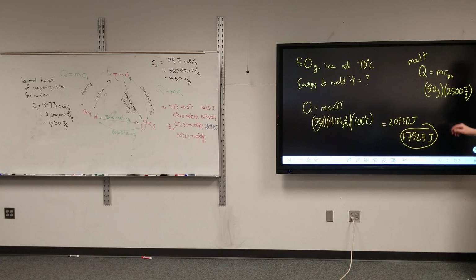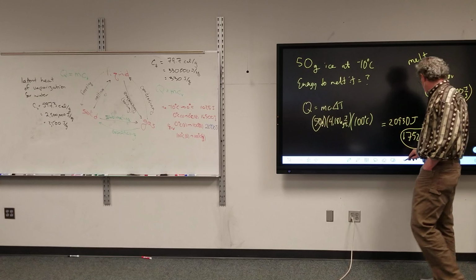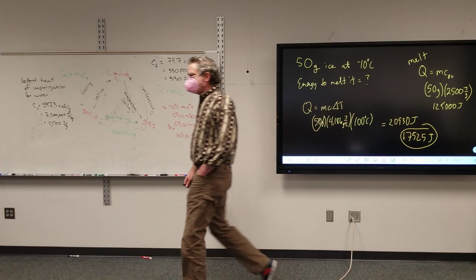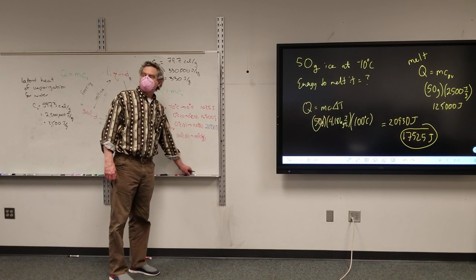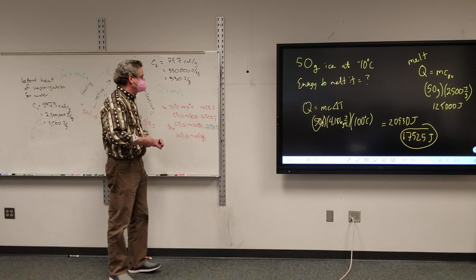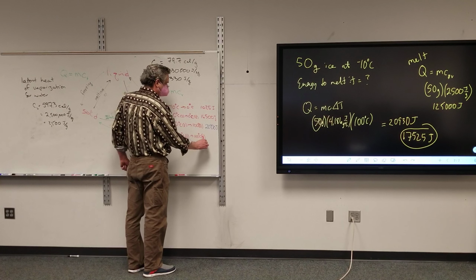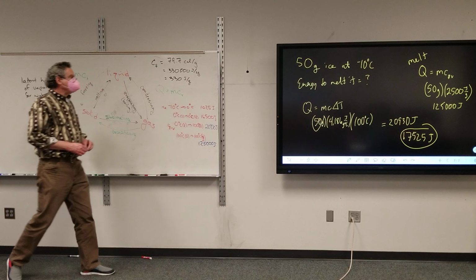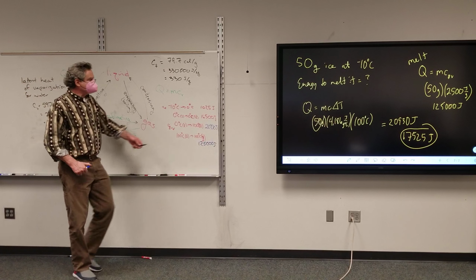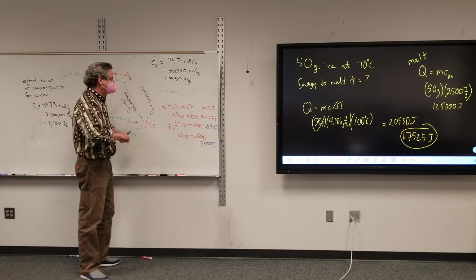All right. And that math there, 5 times 25 is 125, and then 1, 2, 3. So 125,000 joules, unless I made a Carol's error. I'm sure somebody will point it out at some point. So to boil it, it's going to require that plus that.